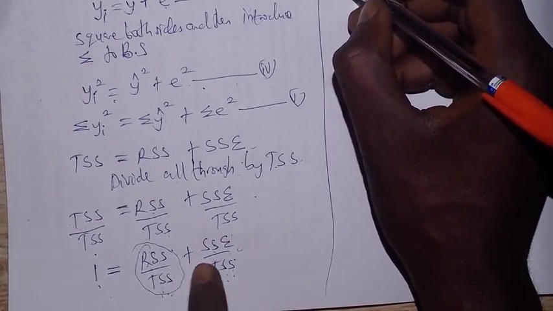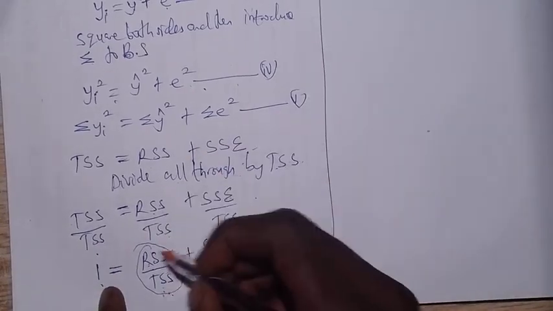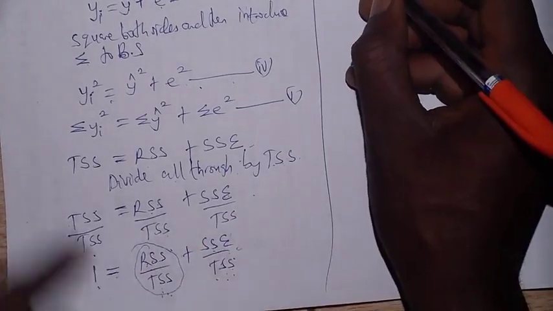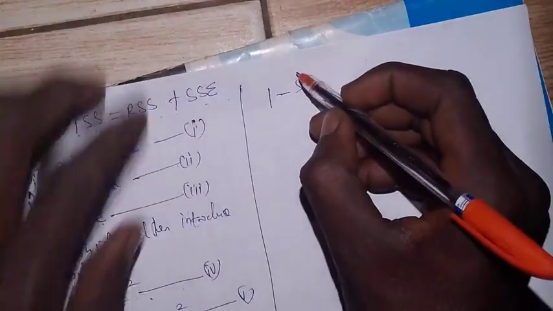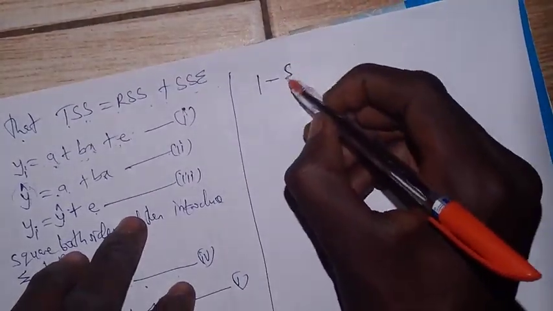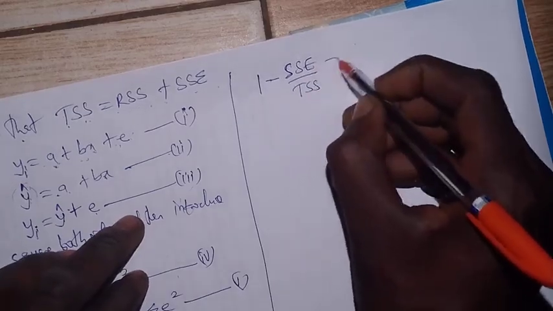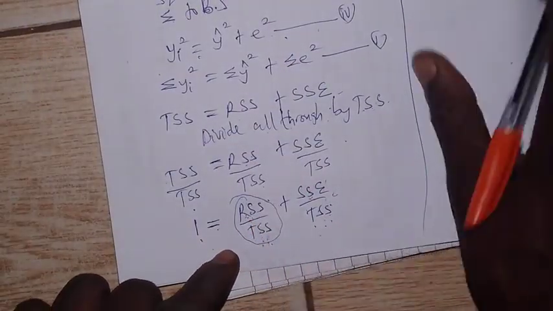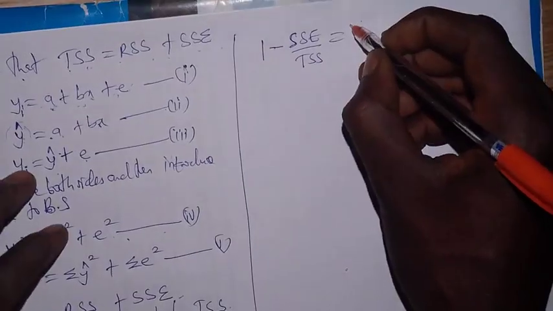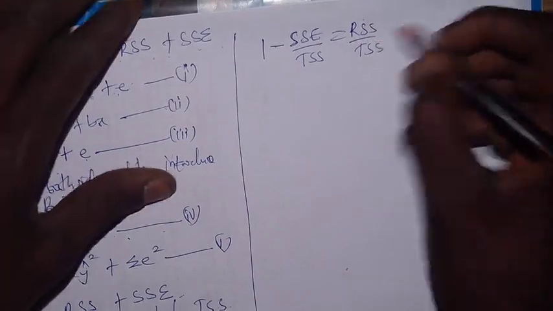Because this plus sign, after crossing the equality sign, will change from plus to minus. So 1 minus SSE over TSS is equal to what? In our right hand side we have RSS over TSS, right?